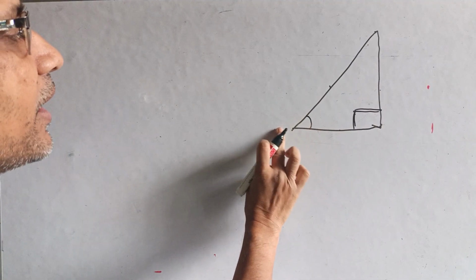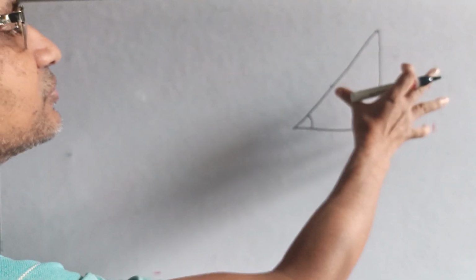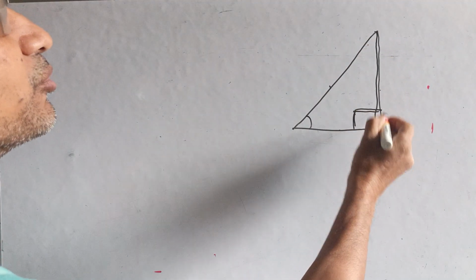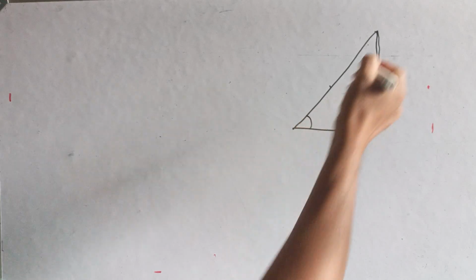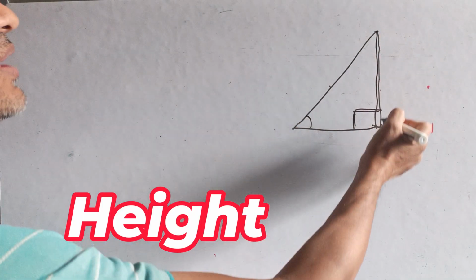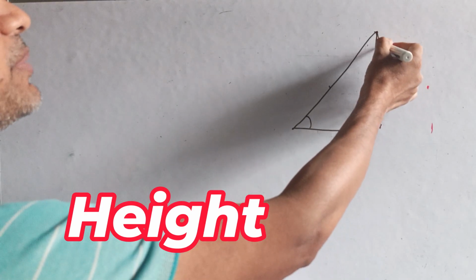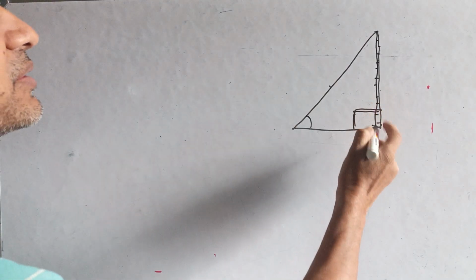So in a right angle triangle you will see one angle here, from where you can think you are seeing this object. Most of the time this height is a tree or a building, so all the buildings and trees you can think of as the height part.